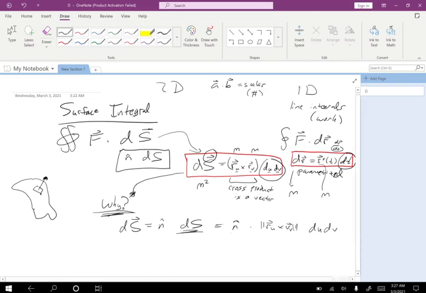So now we're just going to use what we found in the previous video for that normal vector. It's actually the cross product of those two tangent vectors. In order to make it a normal vector, we divide by that length.